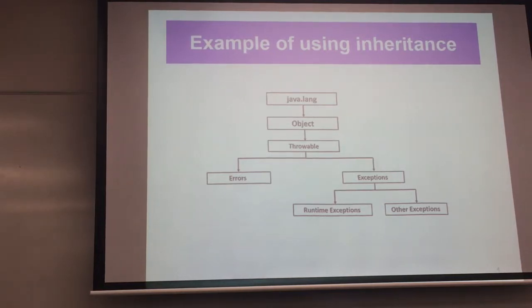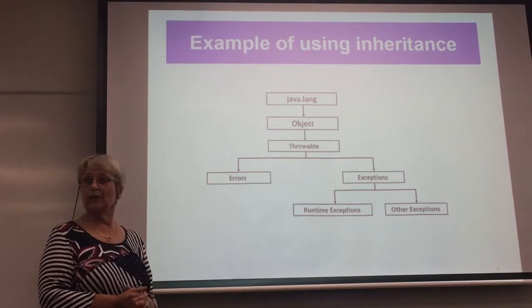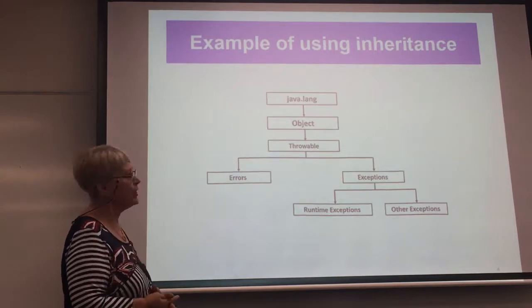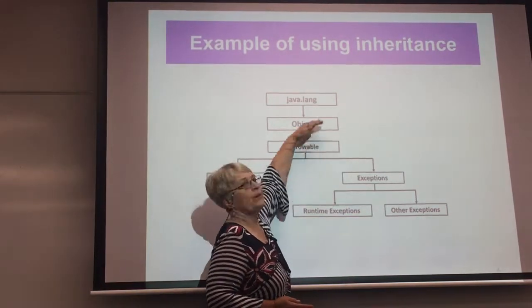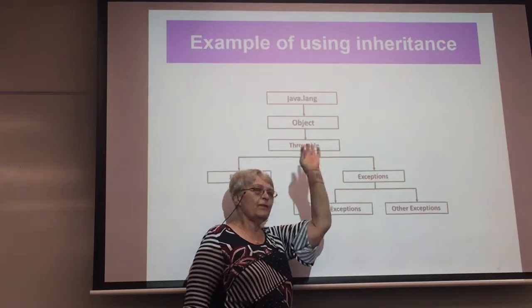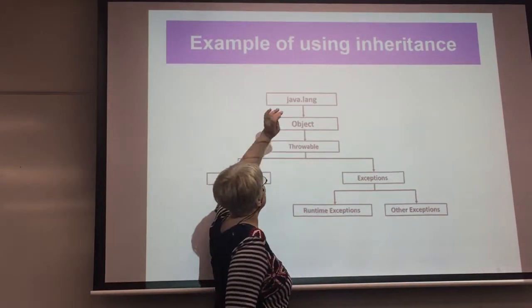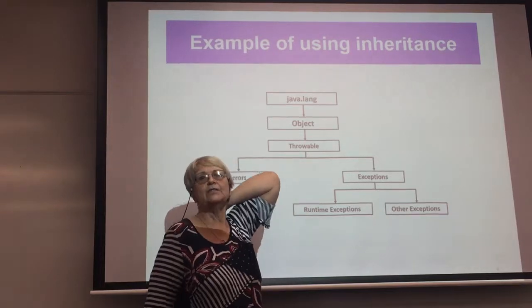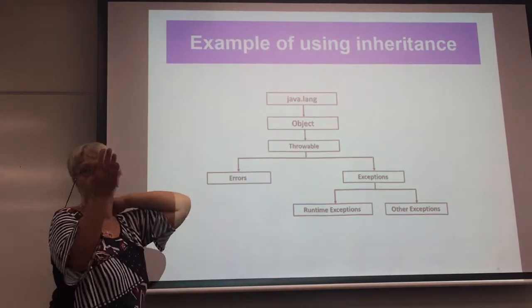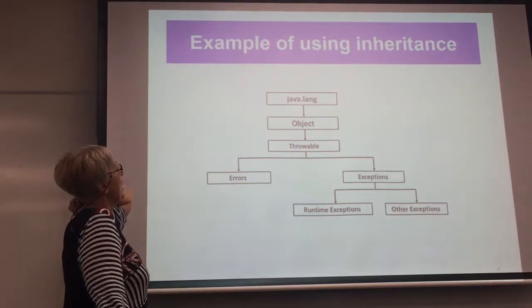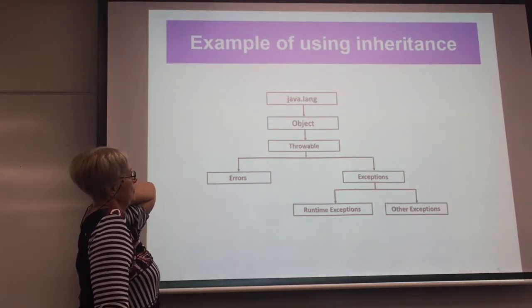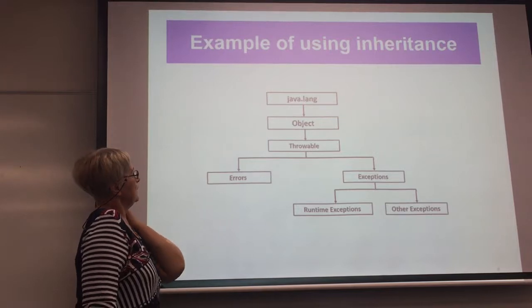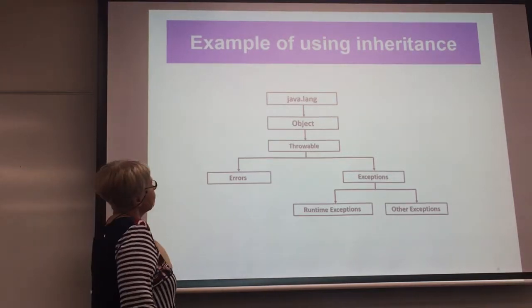Using inheritance is quite extensive in Java, and as you can see, as compared to C++, we have deeper inheritance in Java because everything is derived from Object in the end. Object is the root of all inheritance trees. And this is kind of different, of course.